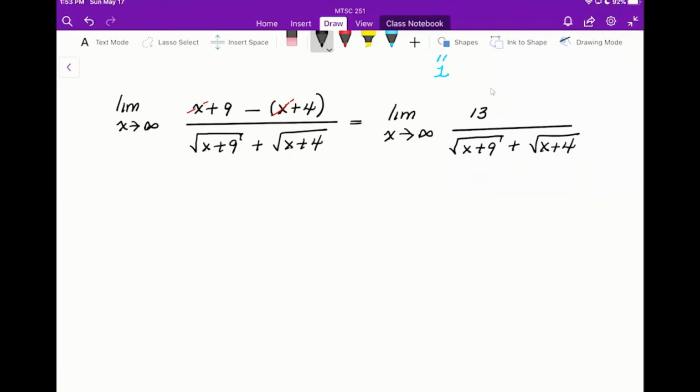So when we take this limit, we have 13 over something that is virtually going to infinity. So we're going to write that solution. That means that the limit as x approaches infinity of the square root of x plus 9 minus the square root of x plus 4 is indeed 0.